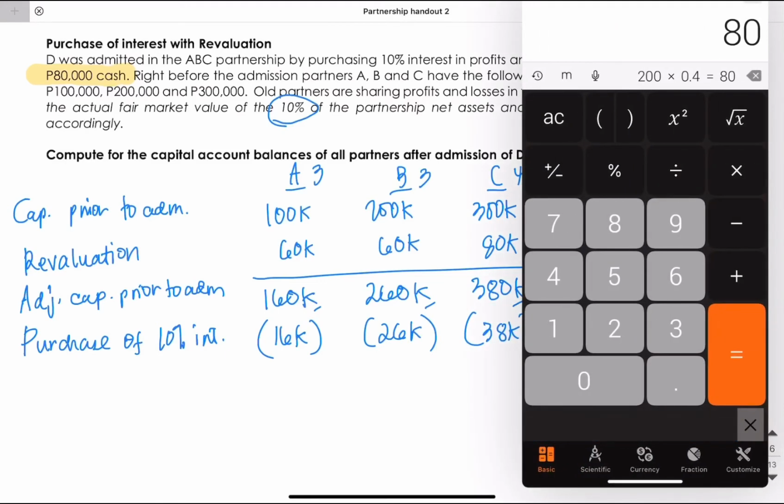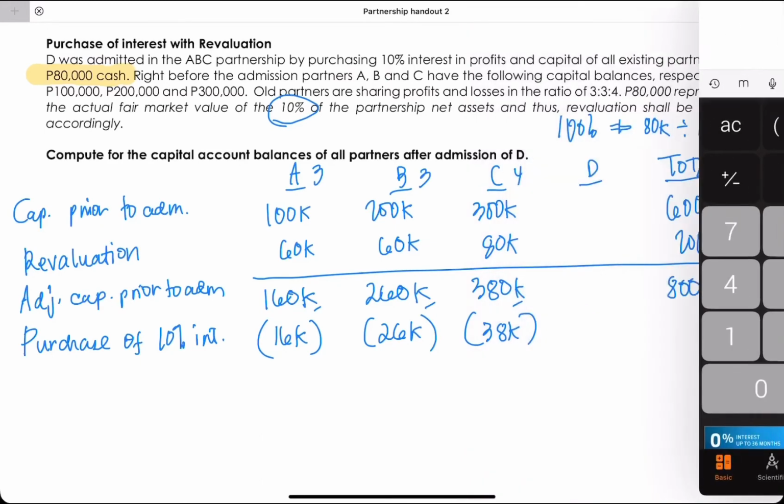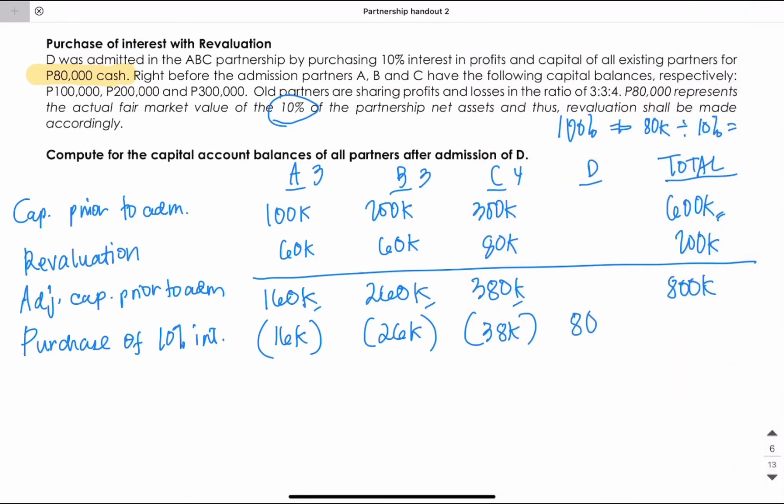When we add all of these three, 16 plus 26 plus 38, of course, it will give us 80,000. So this is the 10% interest of D, the newly admitted partner. So now, of course, it will not affect anymore the total partnership capital because it is a purchase of interest and accounted for as a transfer within equity only.